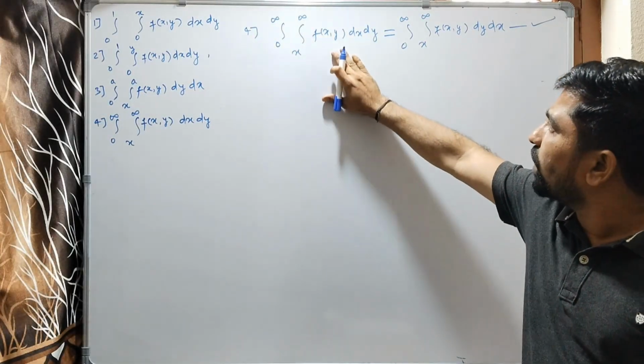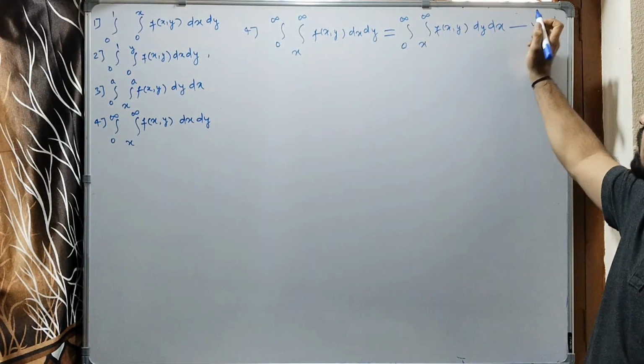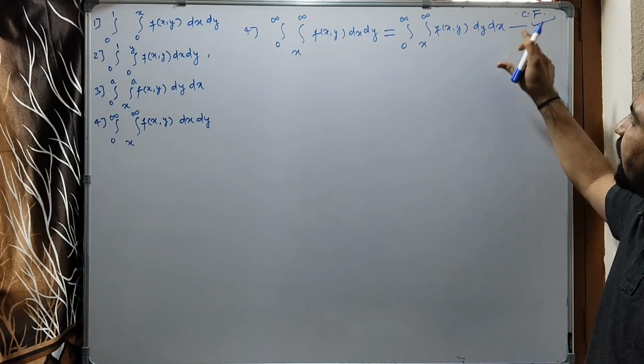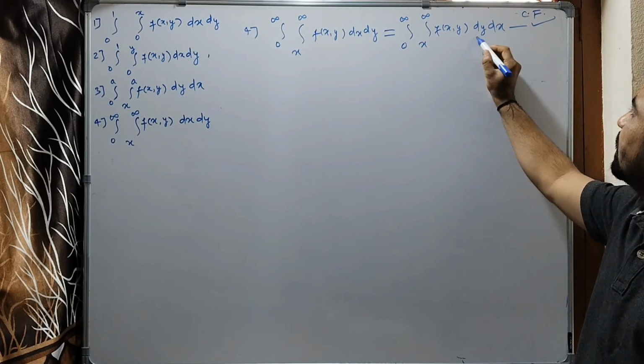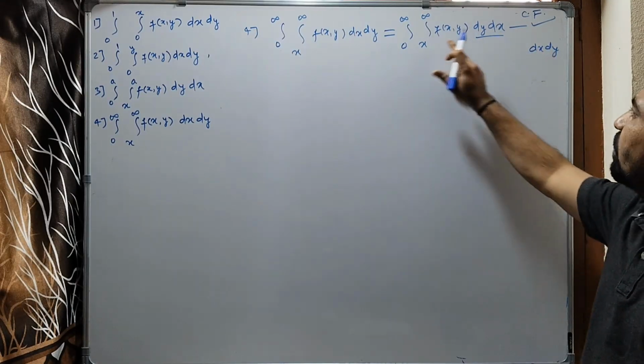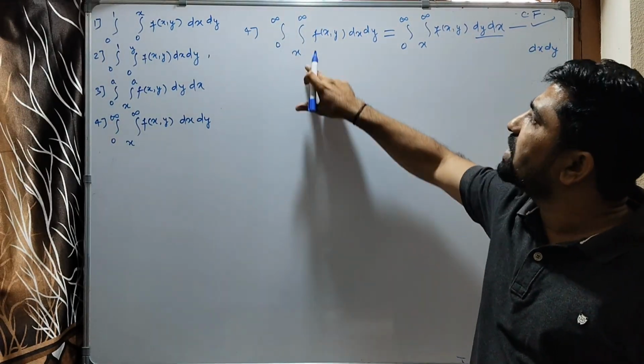After writing the correct form, I want to change this order from dy dx to dx dy again, which is given in the question, but there the limits are wrong.